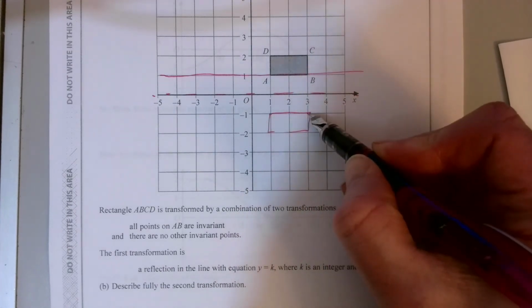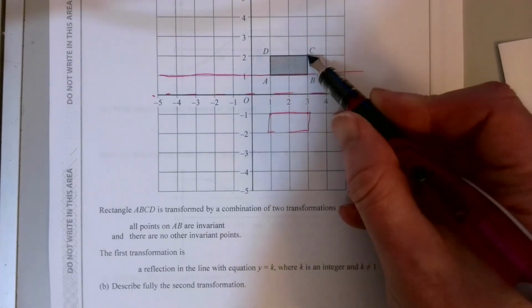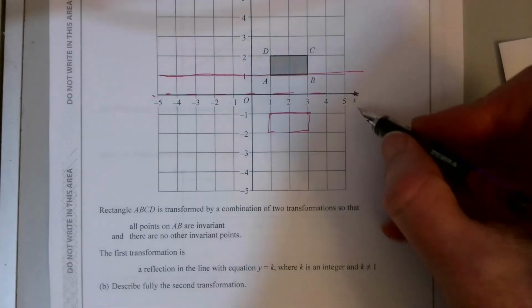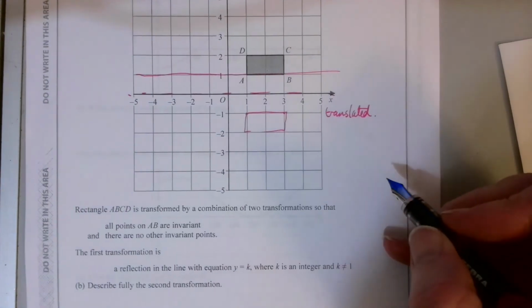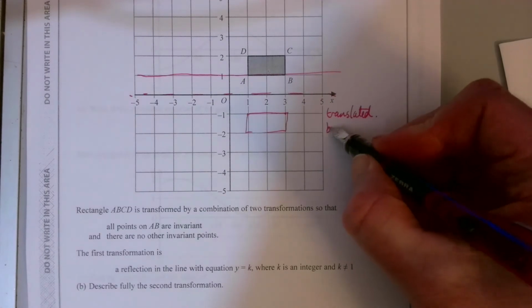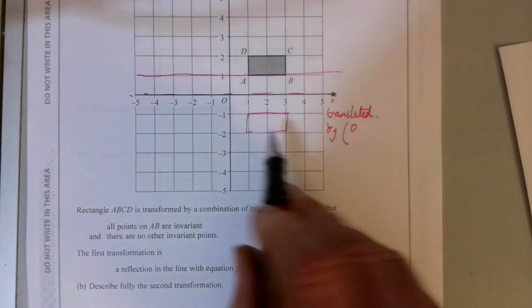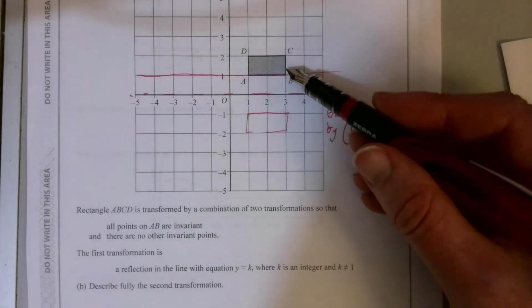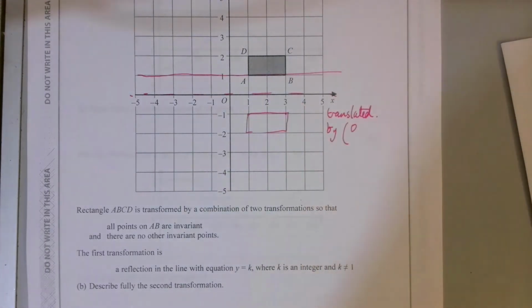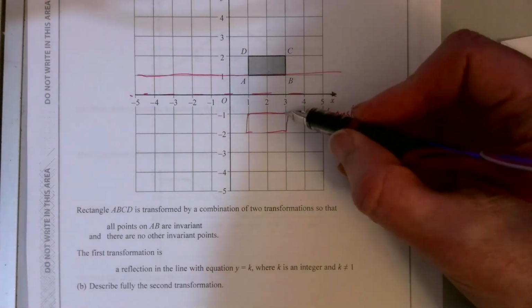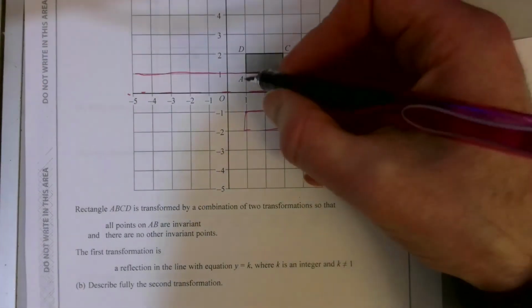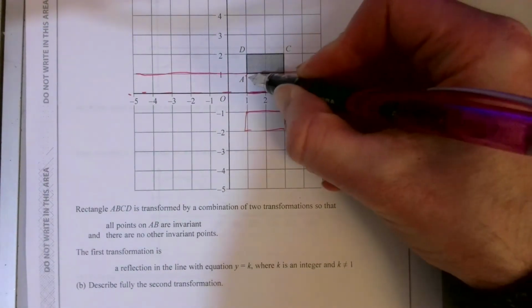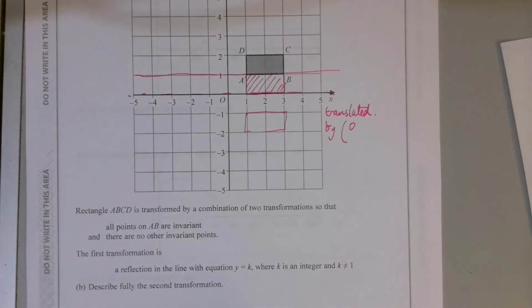and then we would have to move it back up, wouldn't we? So it would have to be translated, and you get 1 mark for saying translation, by 0 because it's not going anywhere to left or right, and it would be going up, well, in this case it would be going up 2, because that would get it to this point here, which is what you need.